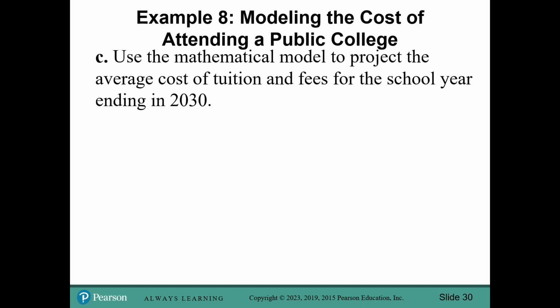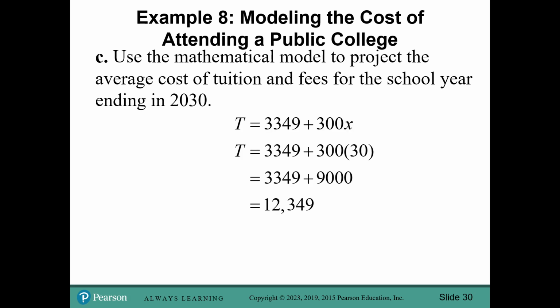Now we are going to use that mathematical model to project the average cost of tuition and fees for the school year ending in 2030. So here's what we do. We take our mathematical model that we found in part B, which was T for tuition equals 3,349 plus 300x.